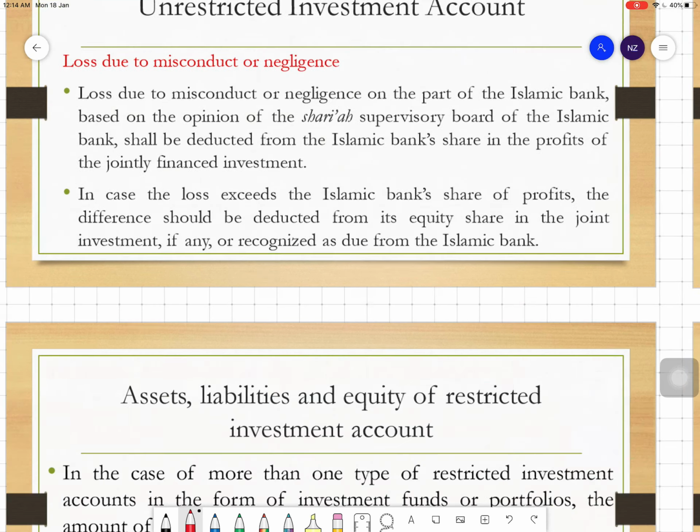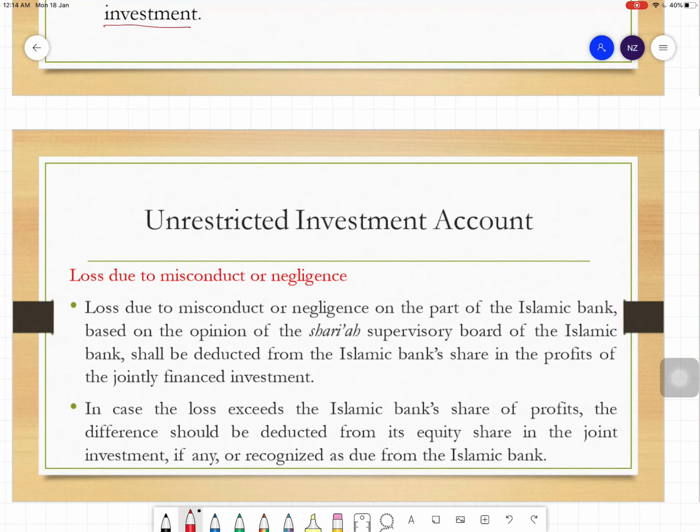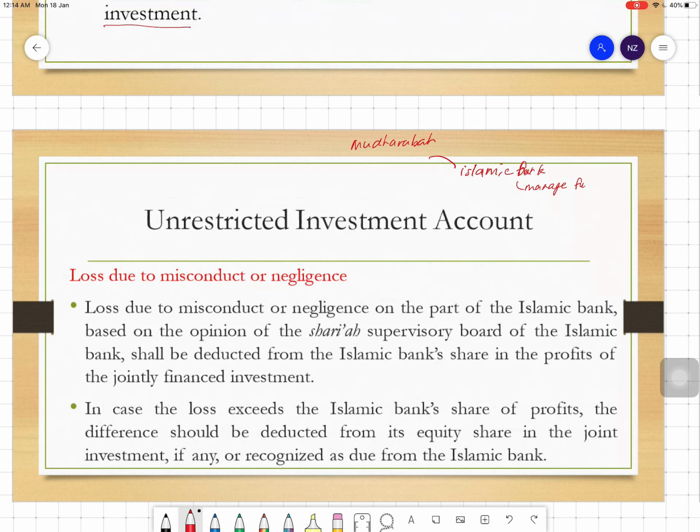That is in terms of mudharabah. Now the Islamic Bank is the one that manages the fund, right? So it is the mudharib. The partners, the account holders, are the rabbul mal.